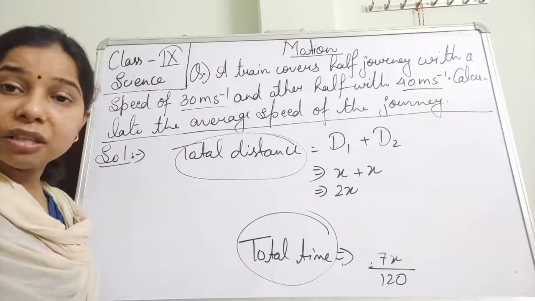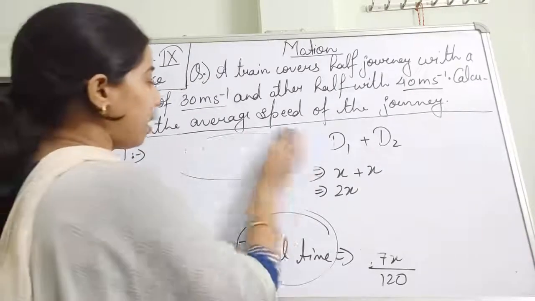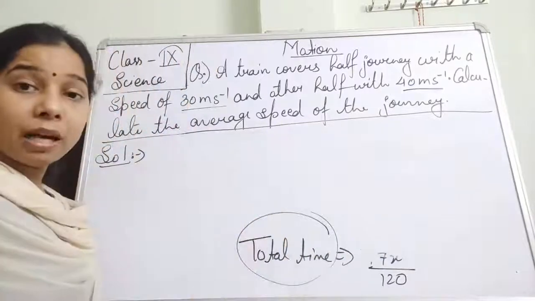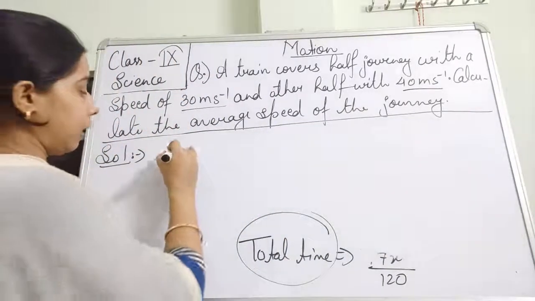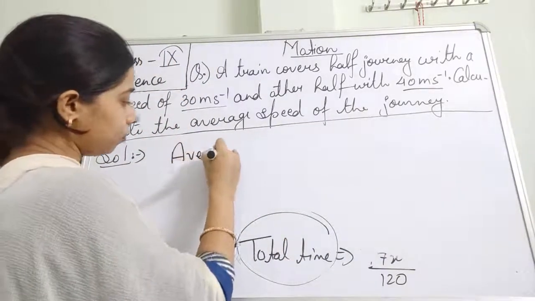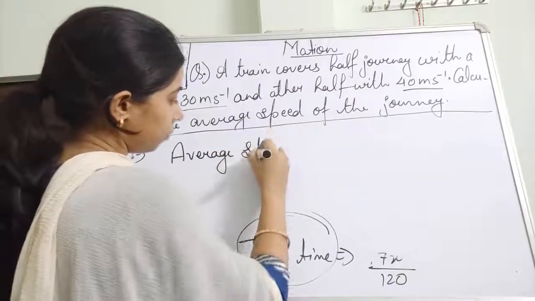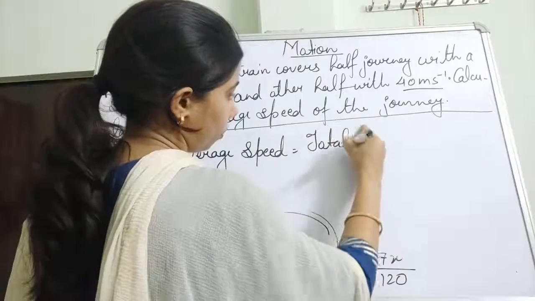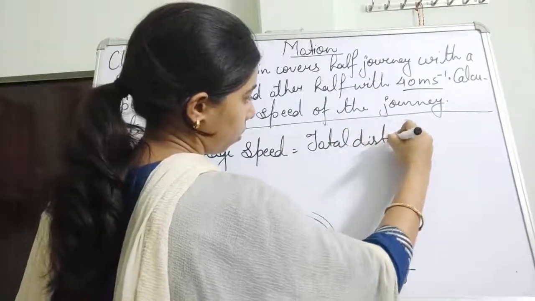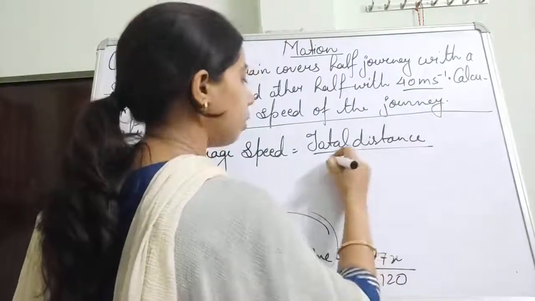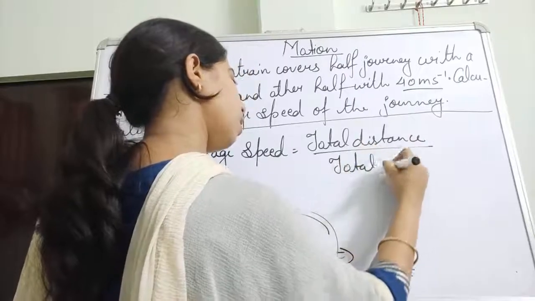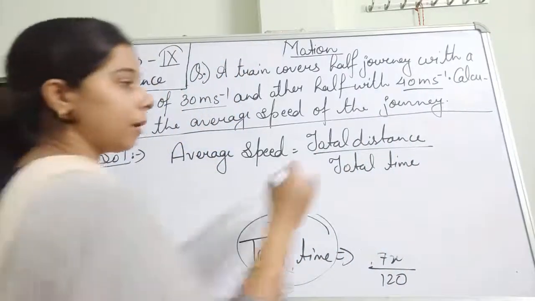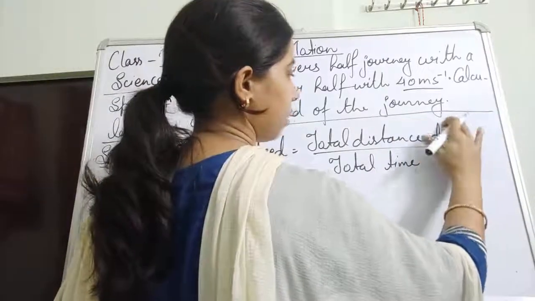What we have to find here is the average speed. Average speed is equal to total distance traveled upon total time taken by the body.